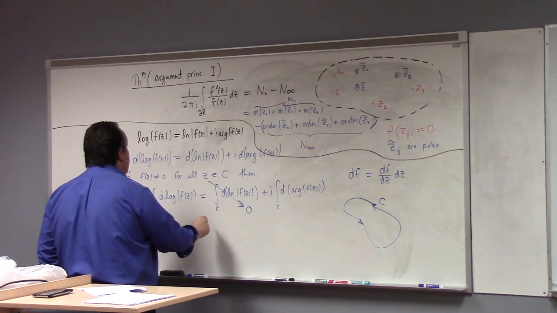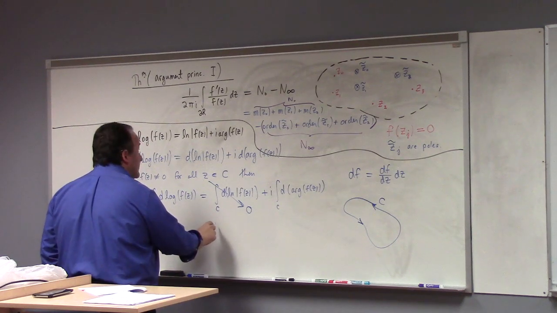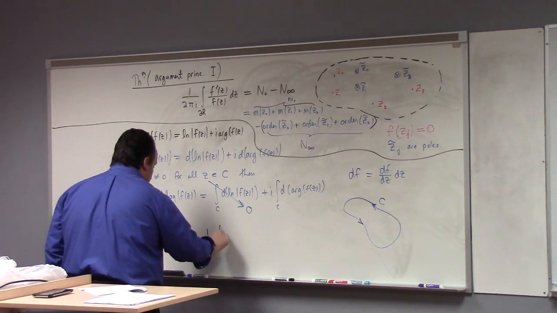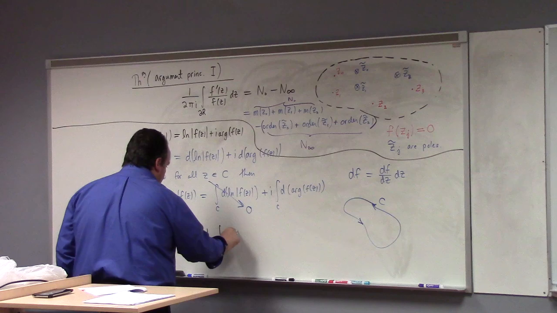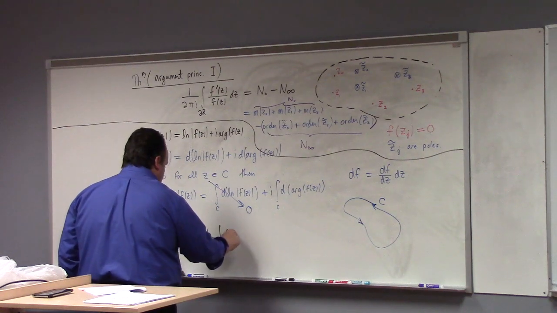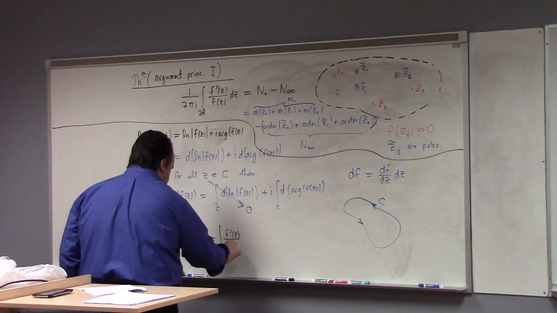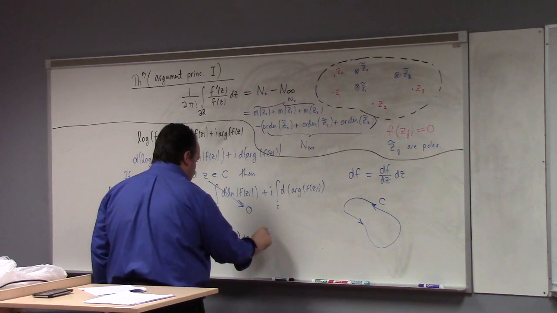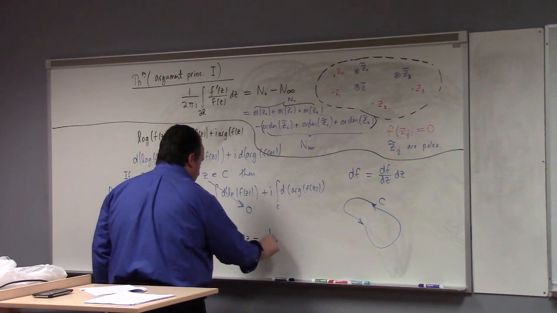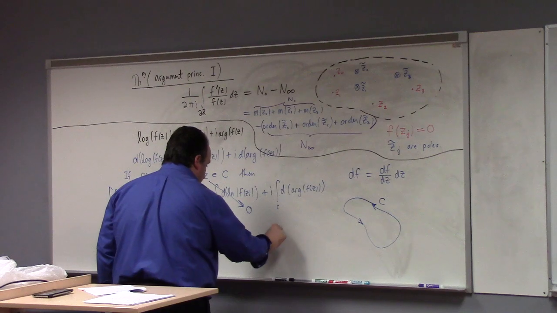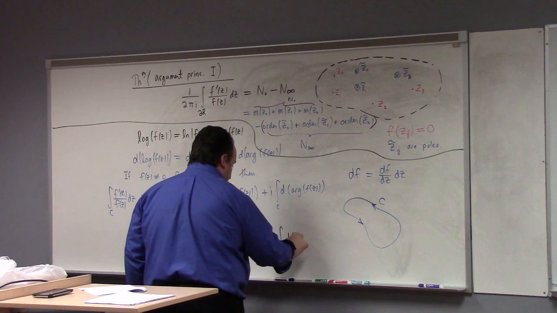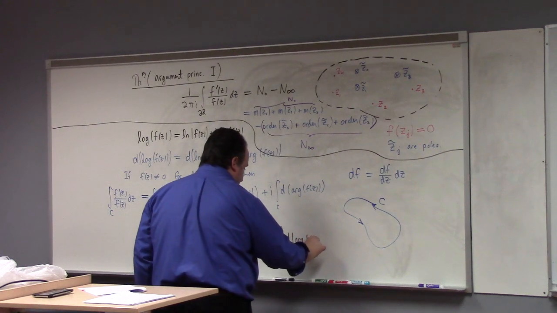that 1 over 2 pi i times the integral of f prime of z over f of z dz is equal to what? 1 over 2 pi times the integral of the differential of the argument of f of z.